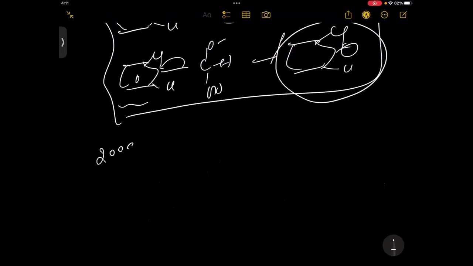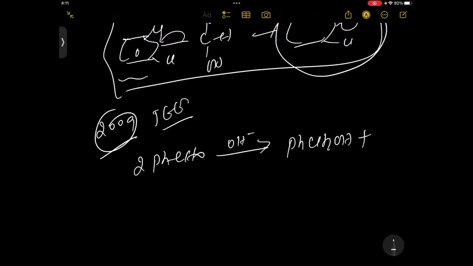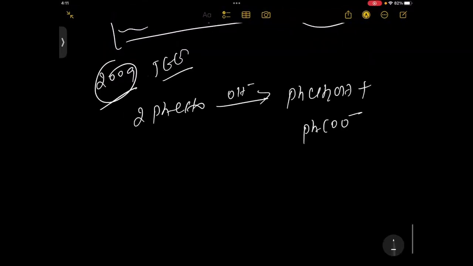That is a JEE question, and already I taught you, so it is very easy for you to give the answer. That is 2 moles of PhCHO, and here I have taken OH minus, and the products are PhCH2OH along with PhCOO negative. Now my question to you is to find the slowest step.